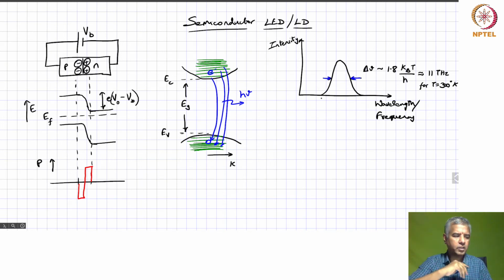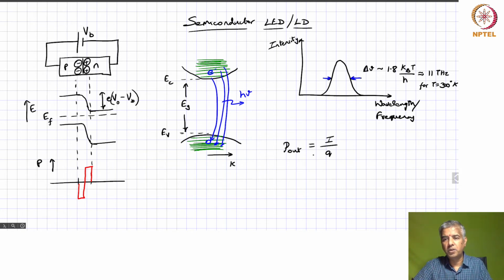Now that explains what happens with the spectrum, but we are also interested in what kind of output power we get. So how do we define the output power from an LED? The output power, P out, is going to be given by the rate at which the carriers are injected. So if the injection current here is I, you say I over q, where q is the electric charge, right?